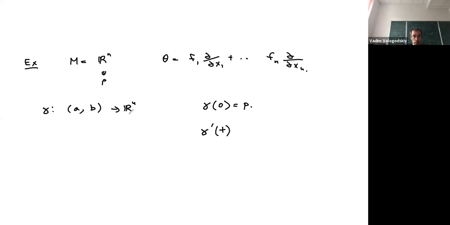You just differentiate coordinates, and this vector-valued function is just f1 of gamma of t, ..., fn of gamma of t. So these are the two conditions.